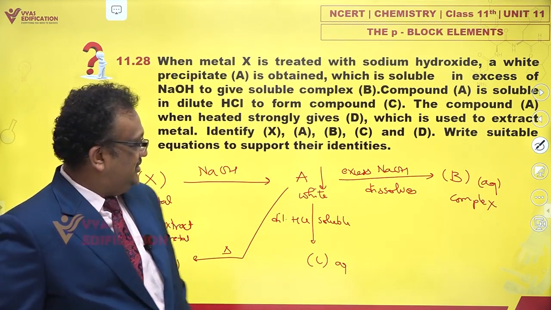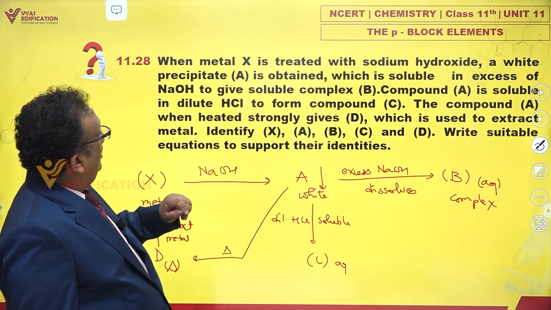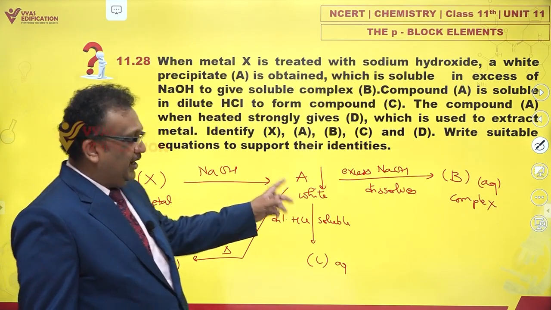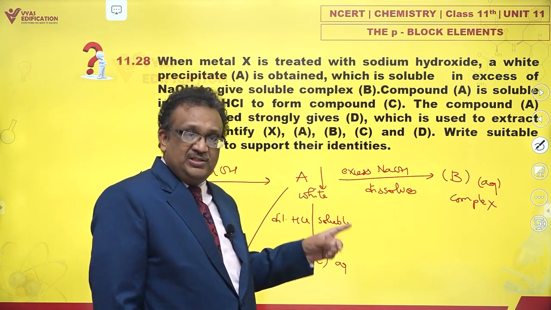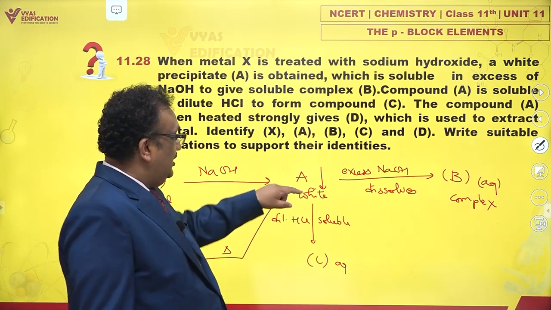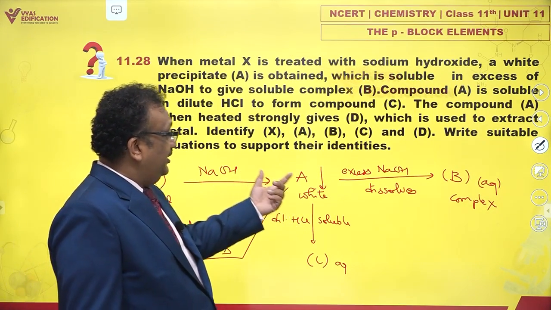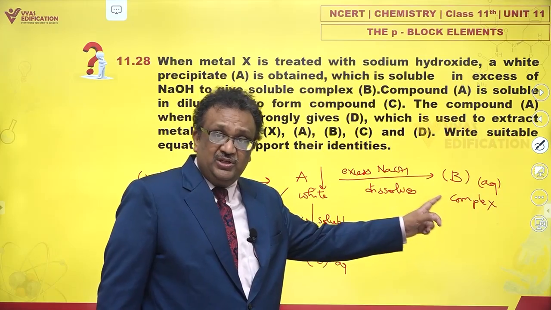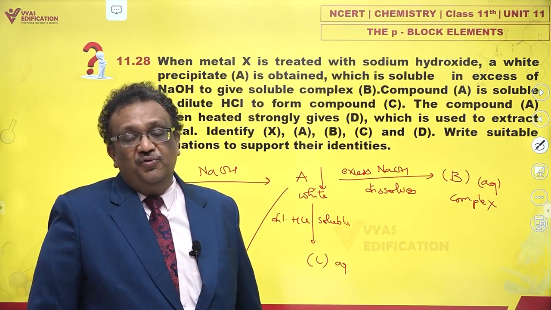Now, it reacts with NaOH to give a white precipitate, which is soluble in excess. Again, a hint of amphoteric nature. This precipitate must be a hydroxide precipitate, and it dissolves in NaOH. It also dissolves in HCl, which is again very good.